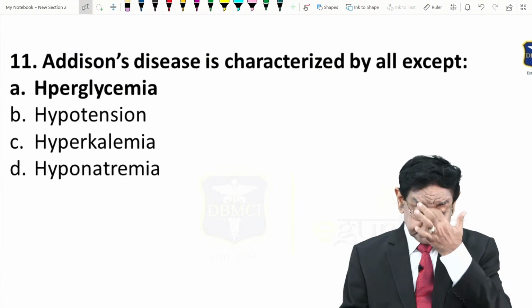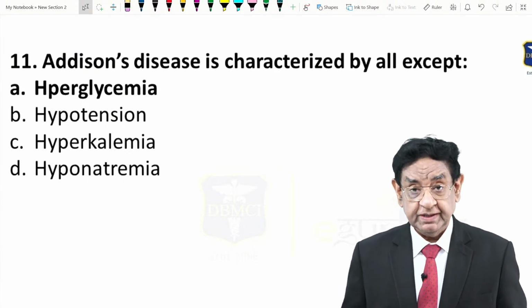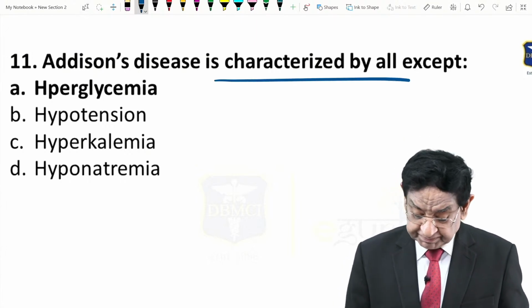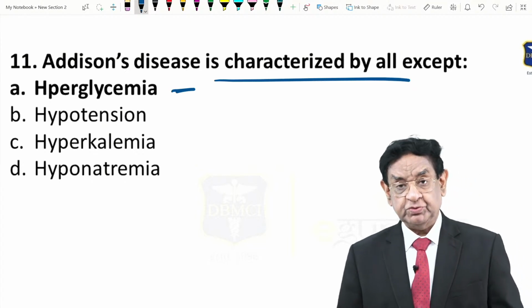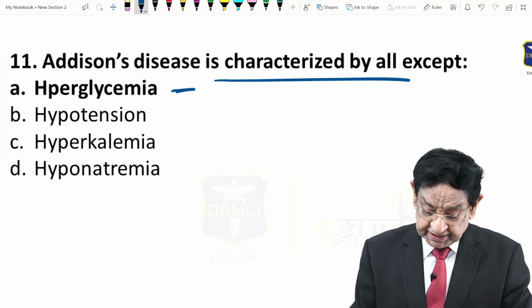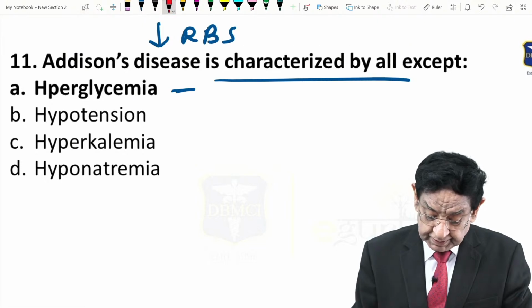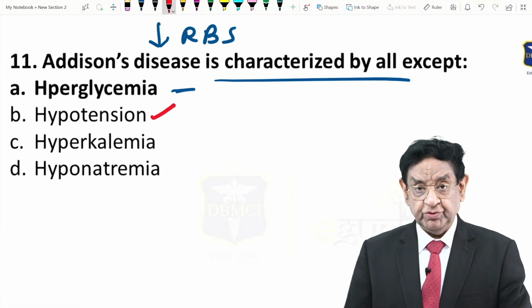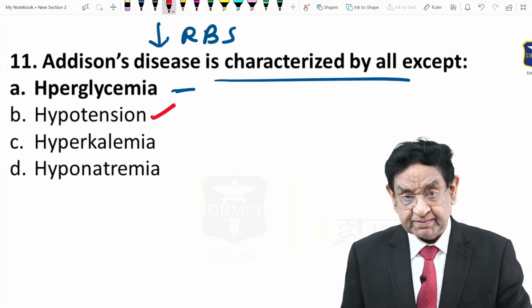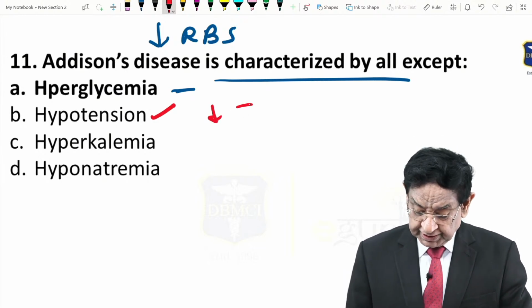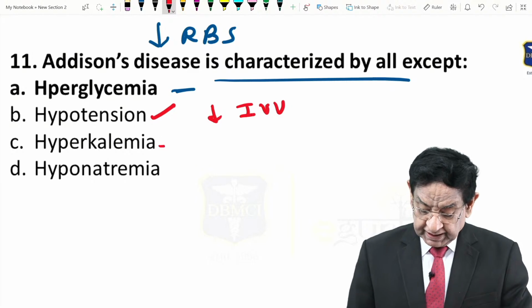Well, this question I partially discussed in the previous one on hyperglycemia. So we learned in the previous question that in Addison disease hypoglycemia occurs. Hypotension, yes, we know, and we learned the mechanism also. This is due to reduced intravascular volume.